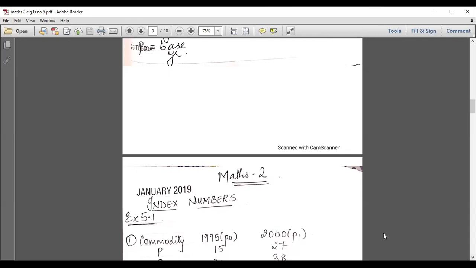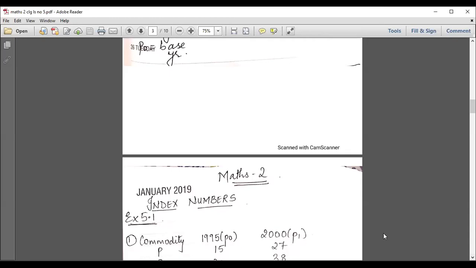The exercise says find the price index number by using simple aggregative method. So pay attention to the heading. Find the price index number using simple aggregative method in each of the following examples. Use 1995 as the base year in the following problem. So here the hint is given that you have to take 95 as the base year.